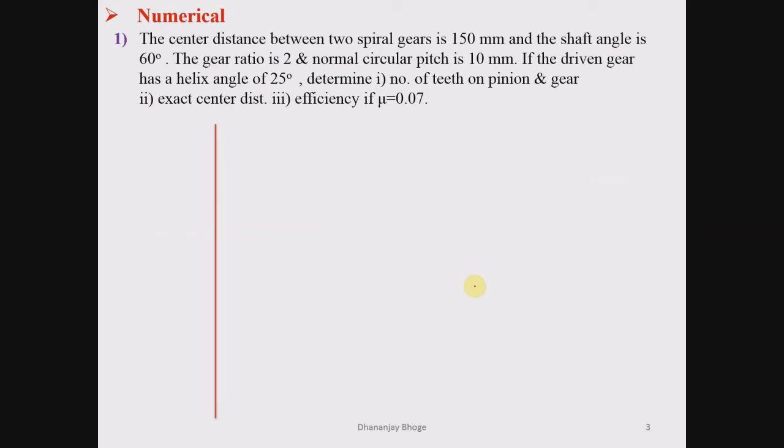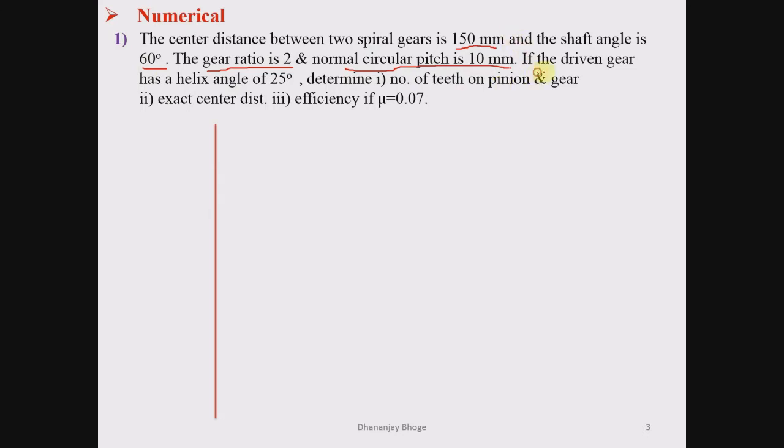Okay, write down numerical number 1. This will be your next assignment. The center distance between two mating spiral gears is 150 millimeters, and the shaft angle is 60 degrees. The gear ratio is 2, and normal circular pitch is 10 millimeters.